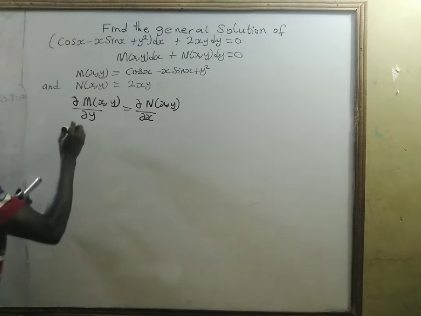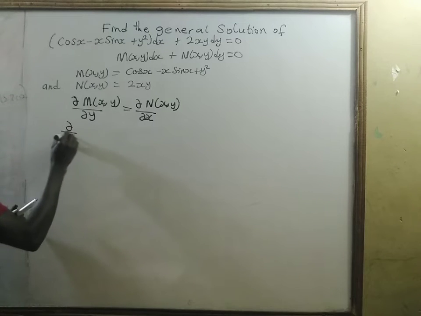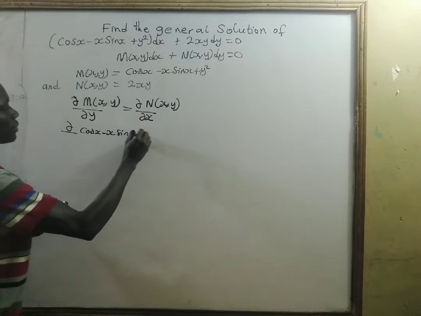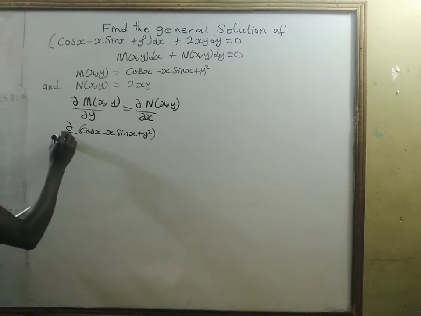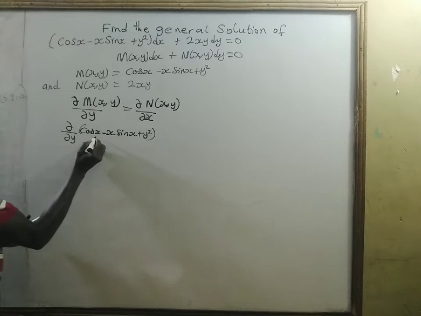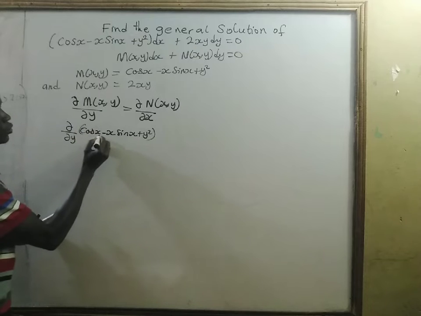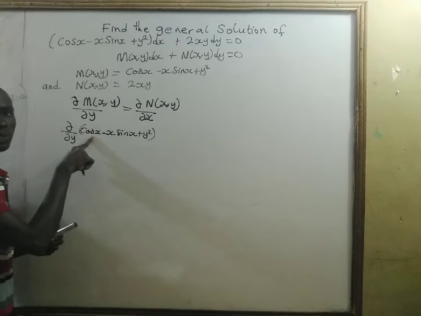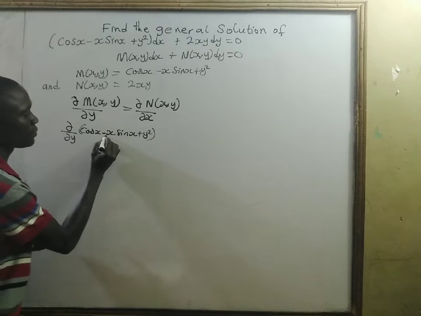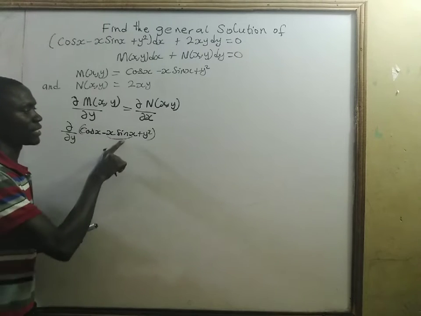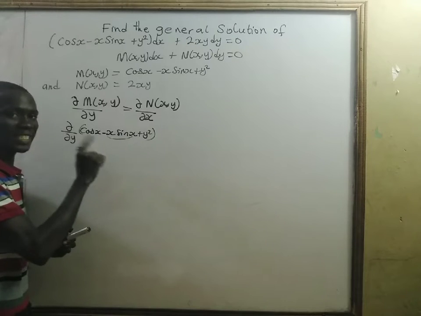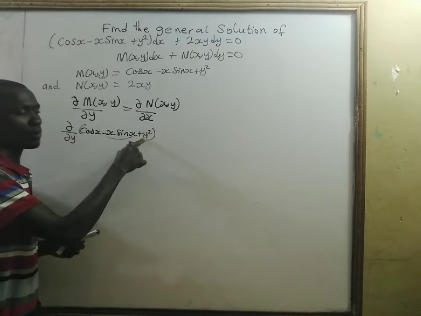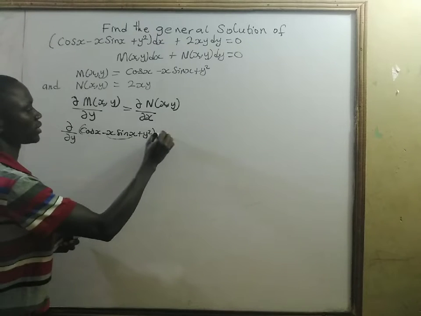If we differentiate cos x − x sin x + y² partially with respect to y, since there is no y attached to cos x, it is a constant, so we get 0. Similarly, differentiating x sin x partially with respect to y gives 0, since there is no y attached to this. Differentiating y² partially with respect to y gives 2y.